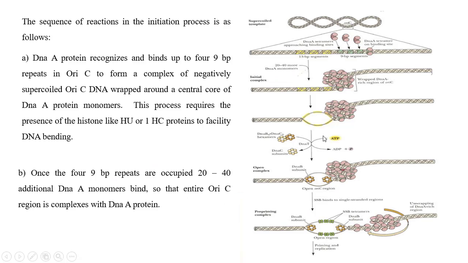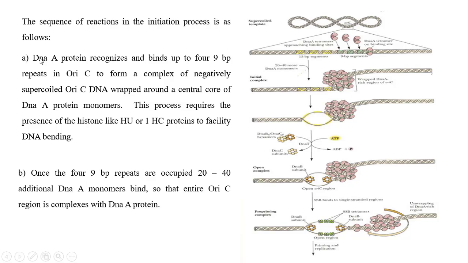Initiation starts by recognition of the origin of replication, oriC. Next, the DnaA protein, the initiator protein, recognizes a particular site in the origin, specifically the 4 repeats of 9 base pair sequence, to form a complex of negatively supercoiled oriC DNA wrapped around a central core of DnaA protein.